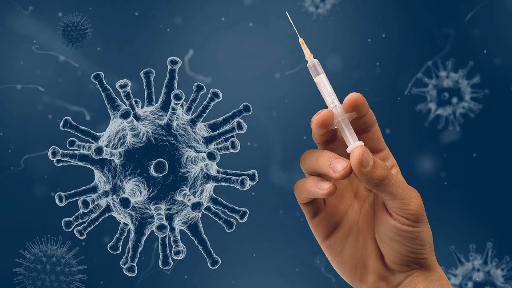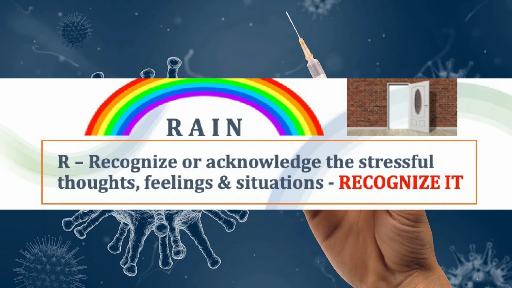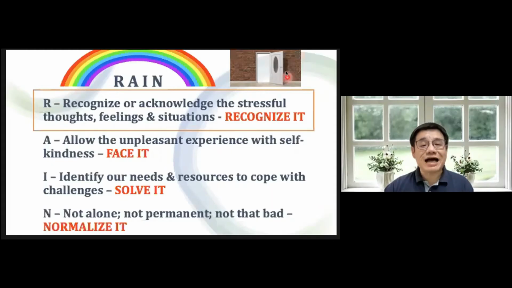So under R, we need to recognize that I'm having stressful thoughts, stressful feelings related to the COVID vaccination. So R is recognize it. Recognize that there is stress. Okay. But recognize it is like recognizing that there's a visitor, somebody knocked at the door. So recognize is like opening the door and recognizing, oh, there's a visitor at the door.